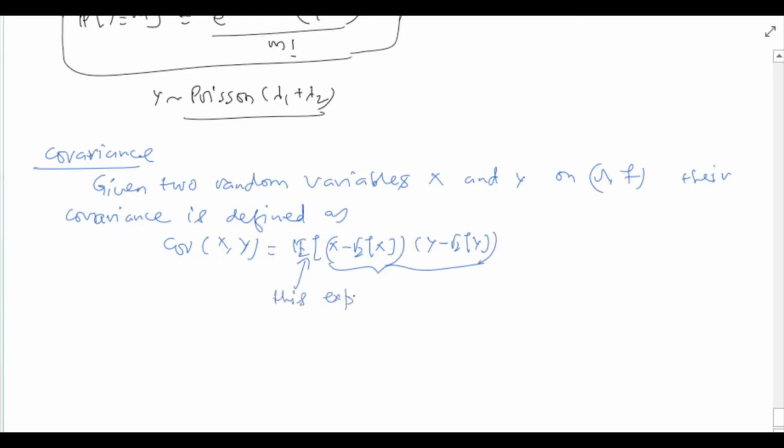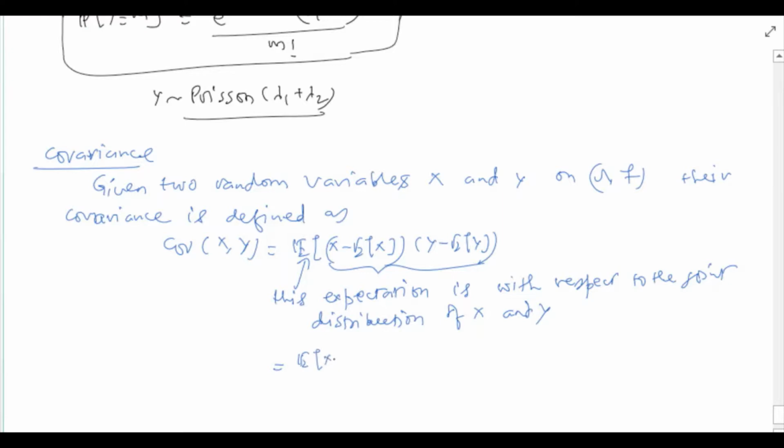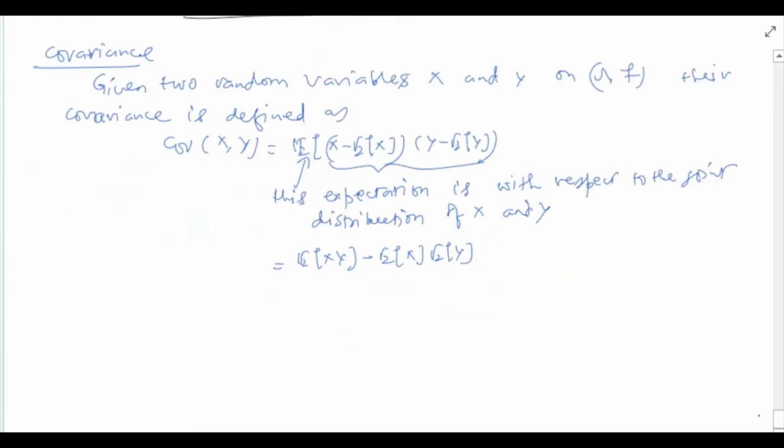This expectation is with respect to the joint distribution of X and Y. This expression turns out to be equal to the expected value of XY minus the expected value of X times the expected value of Y. The second expression is obtained using linearity of expectation.